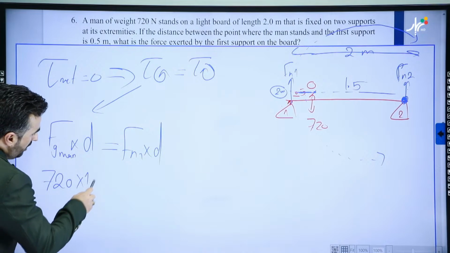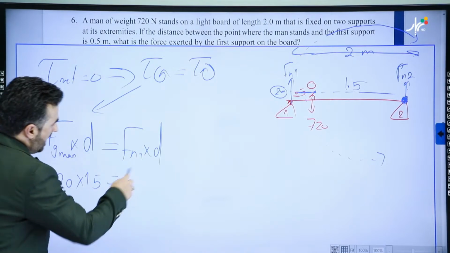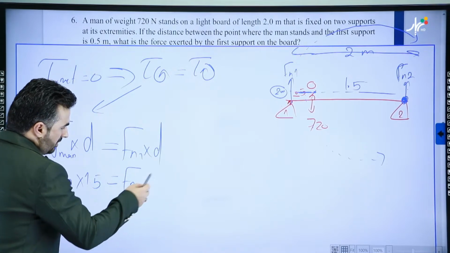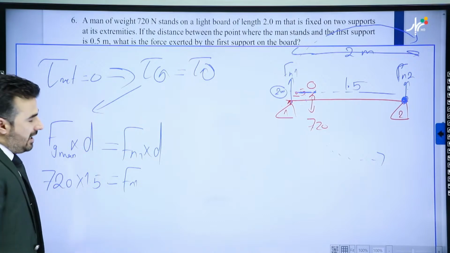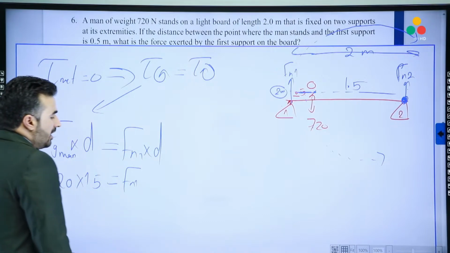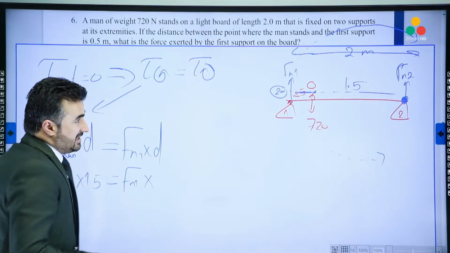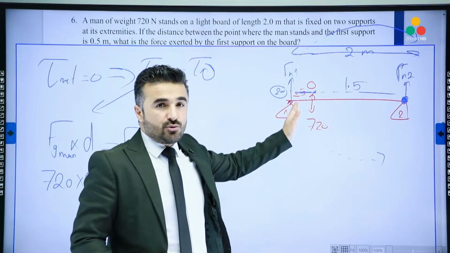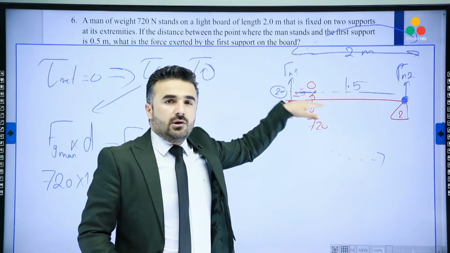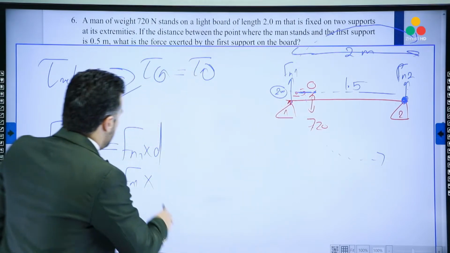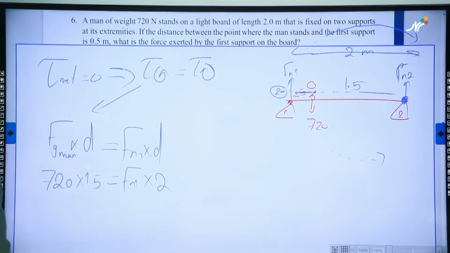So multiply by 1.5 meter equals F1, the force exerted by the first support, multiplied by the distance. Since this is at the edge or the extremity, we use the whole distance, which is 2 meters in this case. Now both sides divide by 2, and then you will find F1.